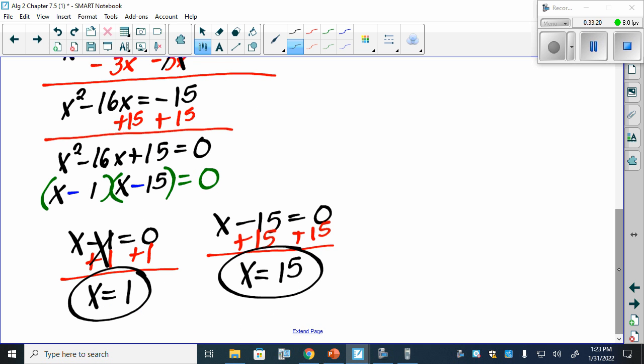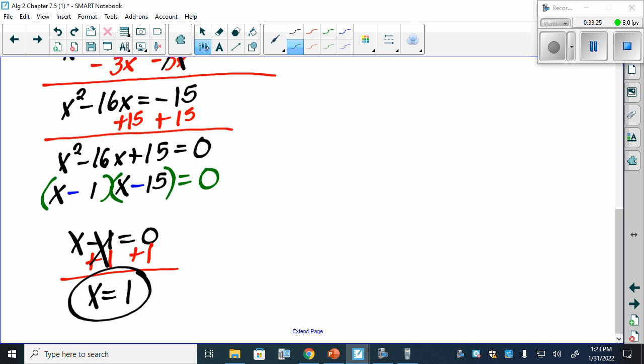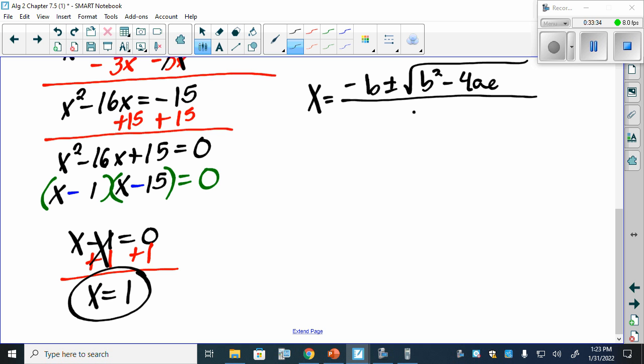Because if we did this from the quadratic equation, our quadratic equation is x is equal to negative b plus or minus the square root of b squared minus 4ac all over 2a. And this is referring back to ax squared plus bx plus c. So in this one here, the value of a is 1, the value of b is negative 16, and the value of c is 15.